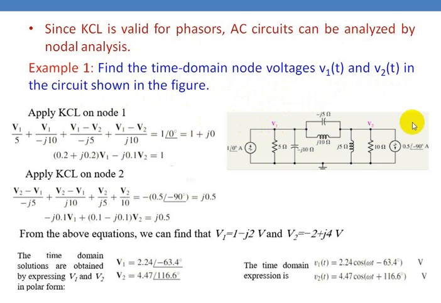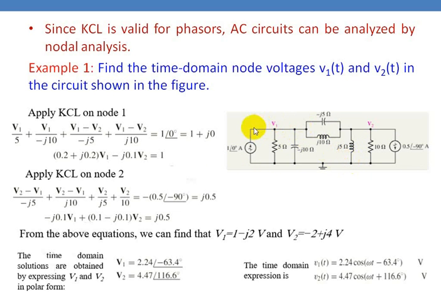So now this is the given circuit. So here we have resistance, capacitance, resistance, inductance, resistance, and here we have two current sources. This is one at an angle 0 degree ampere, and this is 0.5 at an angle minus 90 degree ampere. So now you have to identify the principal nodes. This is one principal node.